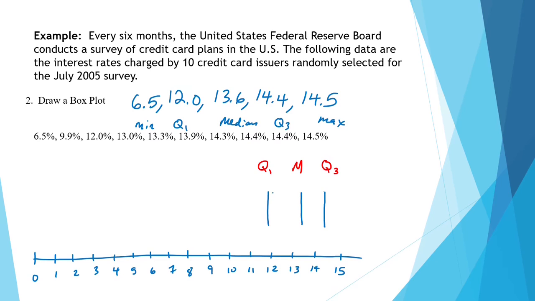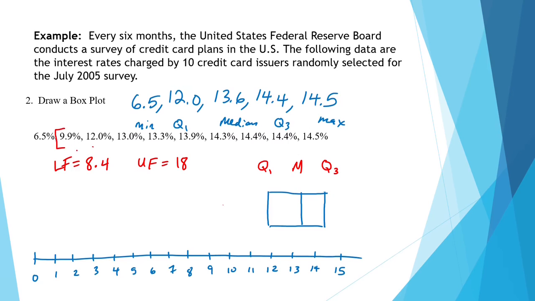We need to enclose these lines in a box, and now we need to draw our whiskers. To do that, we'll have to look at the lower fence. The lower fence is 8.4, and the upper fence is equal to 18. Now I'll need to find our data value that's just above 8.4 inside our fences, and that's going to be 9.9.